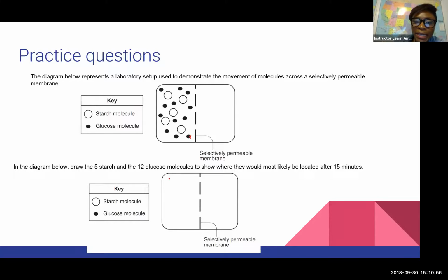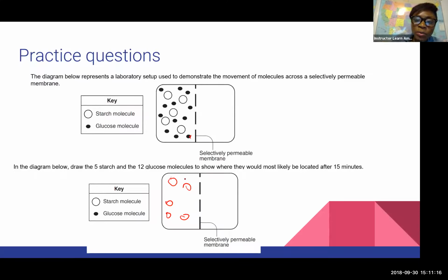Let's put our sugar back in because it's not going to move. 1, 2, 3, 4, 5 molecules of sugar. They're going to stay there because they're too big to go across the membrane. So the things that are selected to move across are the smaller molecules. Size does influence what molecules will move across the cell membrane.